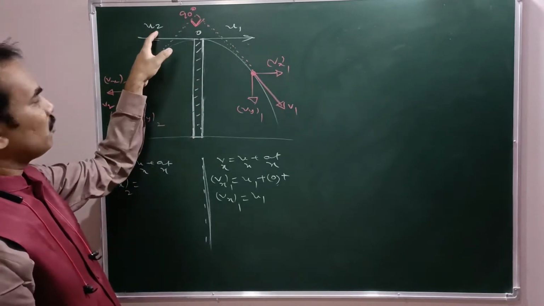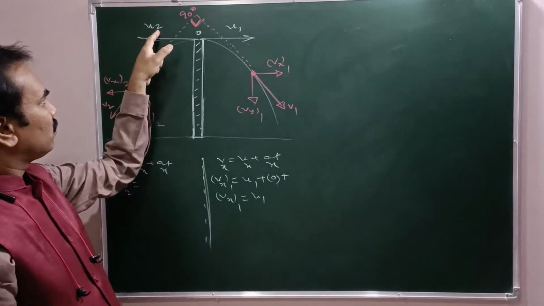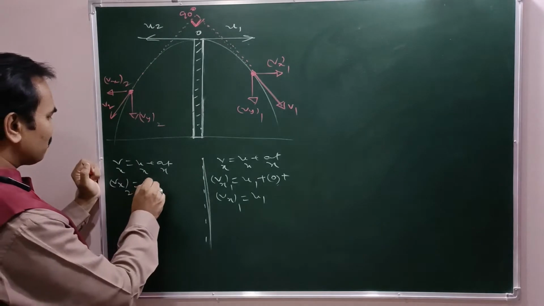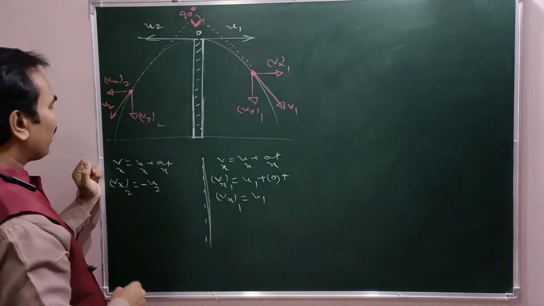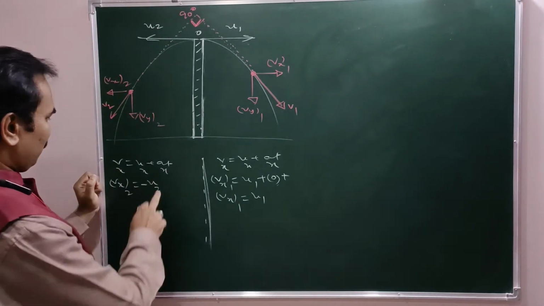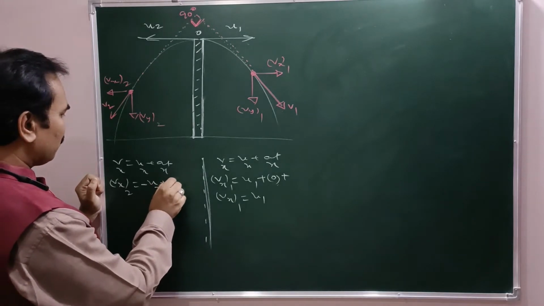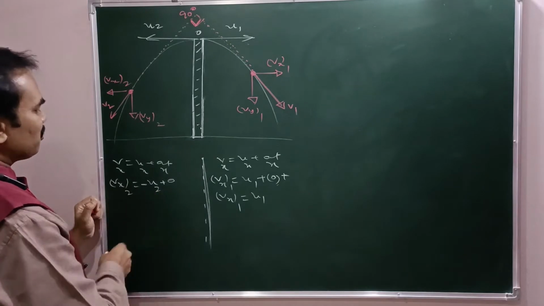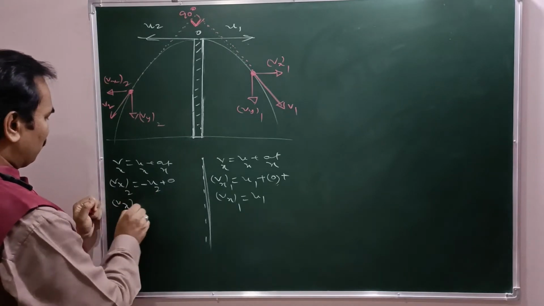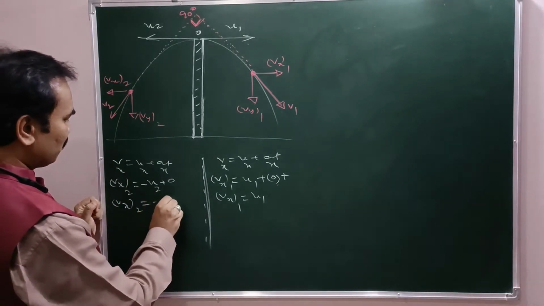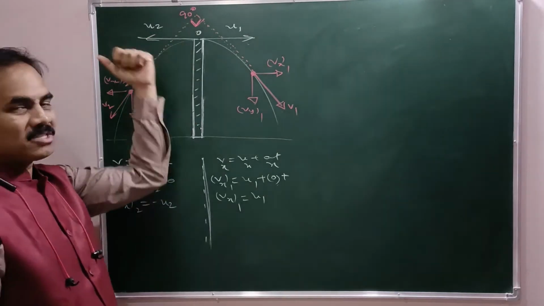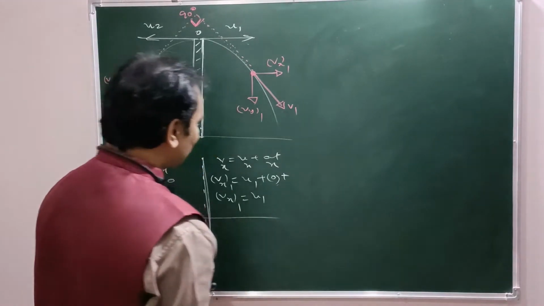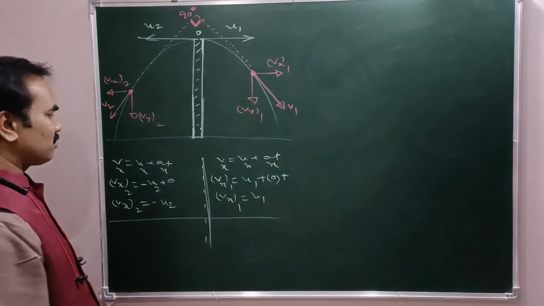What is ux? u2, towards negative x-axis, so therefore minus u2, plus ax, which is 0. That is Vx2. Vx2 equal to minus u2. Why? Because it is acting towards negative x-axis. So these are the x components for both projectiles.